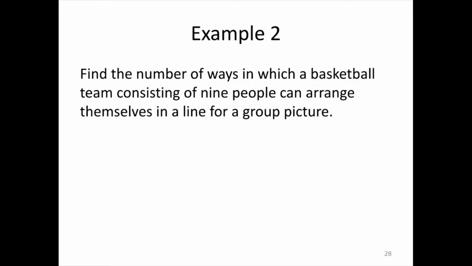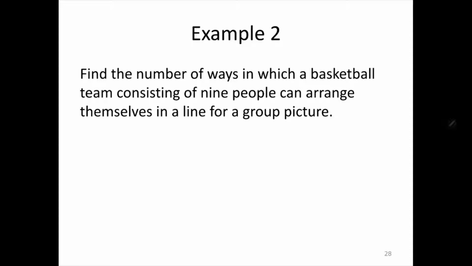Okay, so let's see this example now. We have a basketball team consisting of 9 people, and they want to take a group picture. Now we want to know in how many ways these 9 people can be arranged in a line for a group picture.